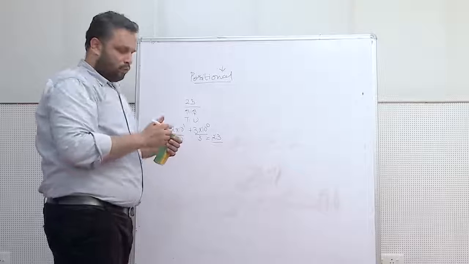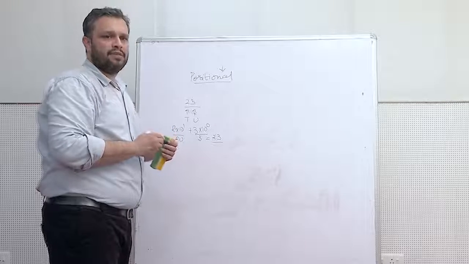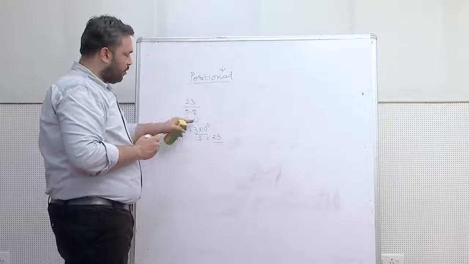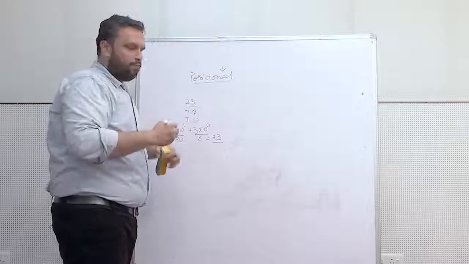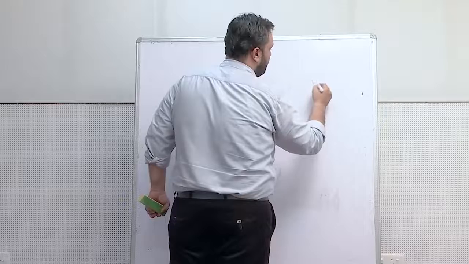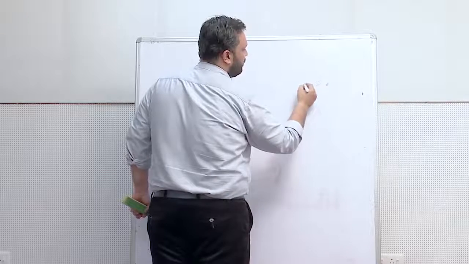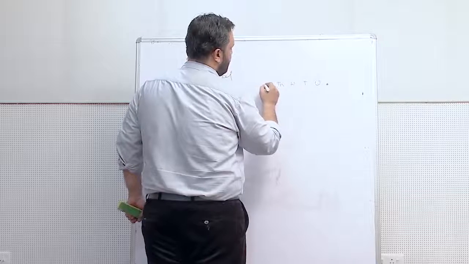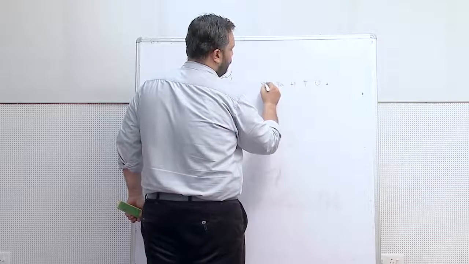So we turn to the positional number system, or the decimal number system. In your primary classes, you must have studied these positions of the number system. Before the decimal point, there is the unit place, the tens place, the hundreds place, the thousands place, the 10,000 place, and so on.